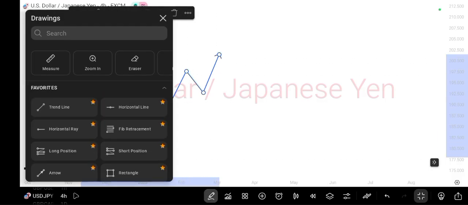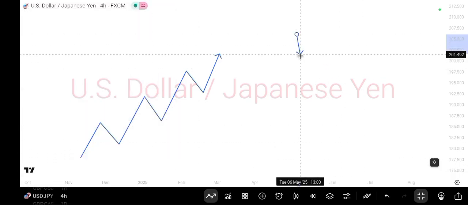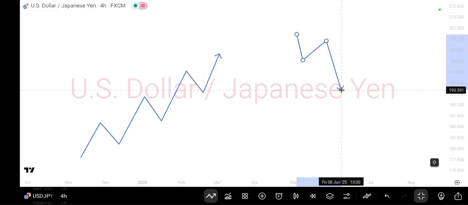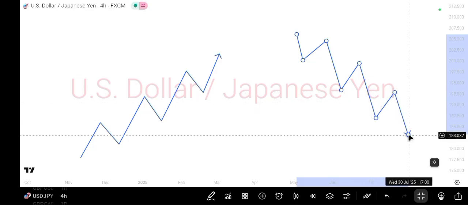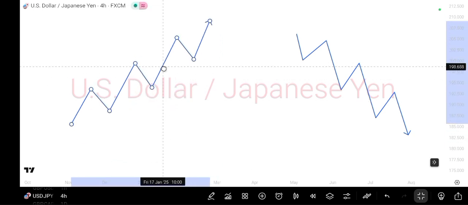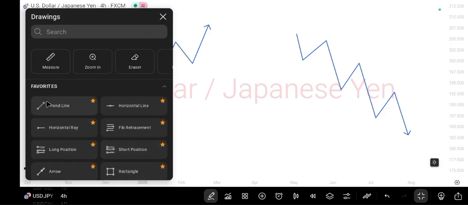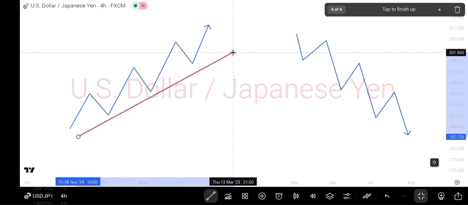Now the downtrend market, this is lower high, lower low, lower high, lower low, lower high, lower low, lower high, and another lower low. This is a downtrend and this is an uptrend. Now, in an uptrend, you get your trend line somewhere, something like this. This is your trend line.